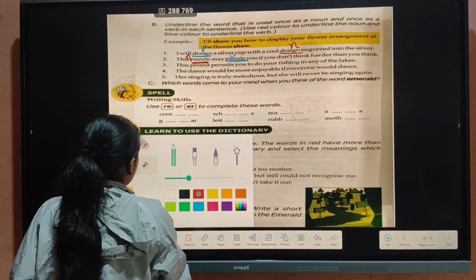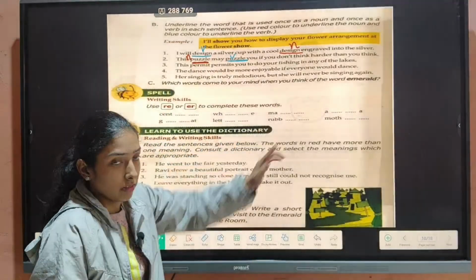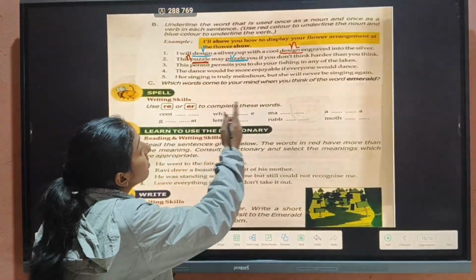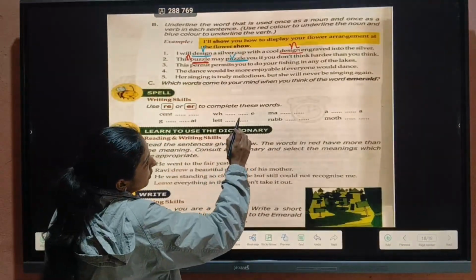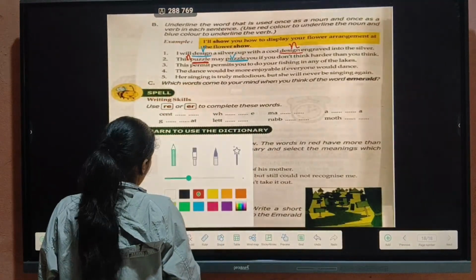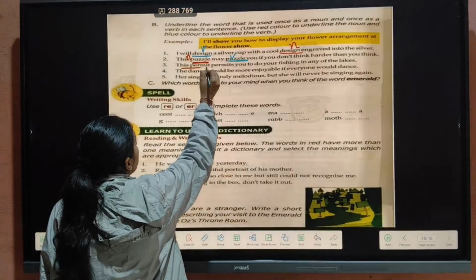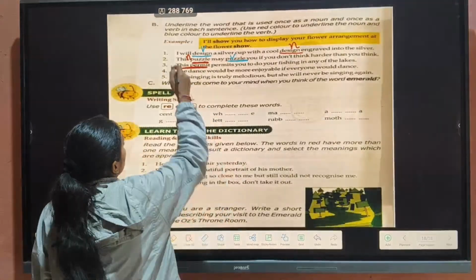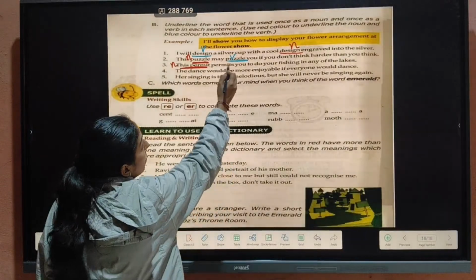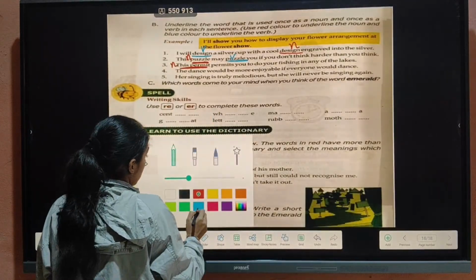Third, this permit permits you to do your fishing in any one of the lakes. So this permit, this document, is a noun and permits is a verb.